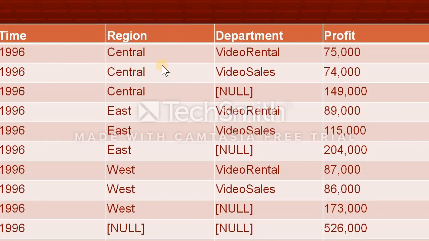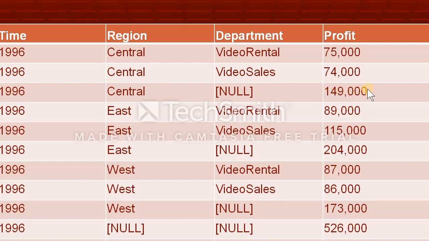We will see in the later results that these two values will also change when we have to get different values from these two columns. Now the third row is saying that in 1996, in the central region with a null department, we have a profit of 1,49,000.